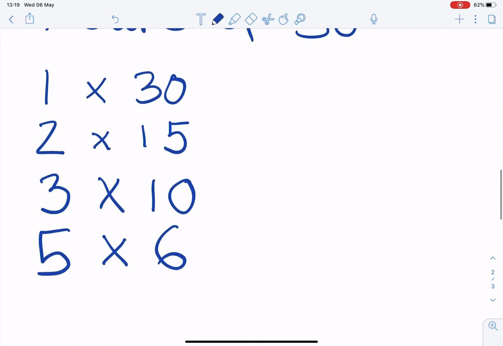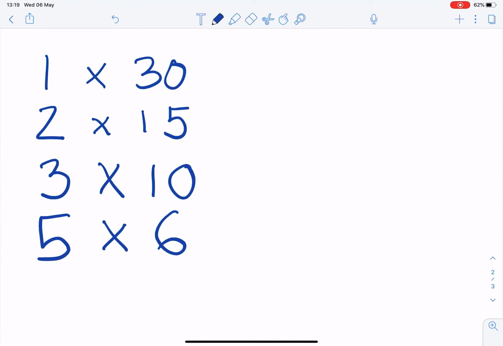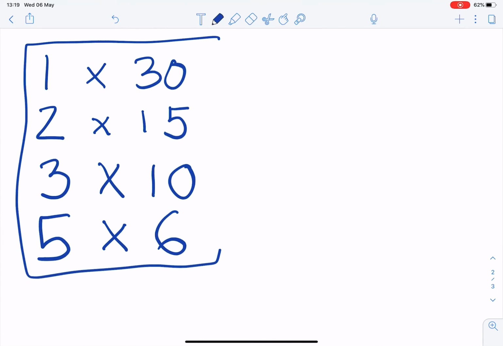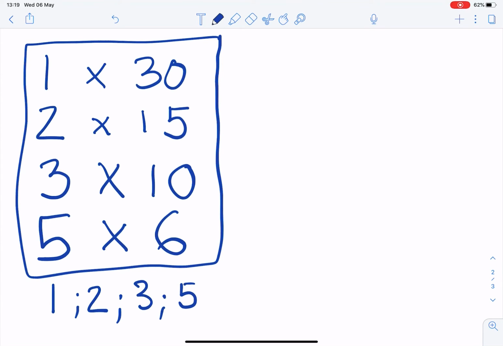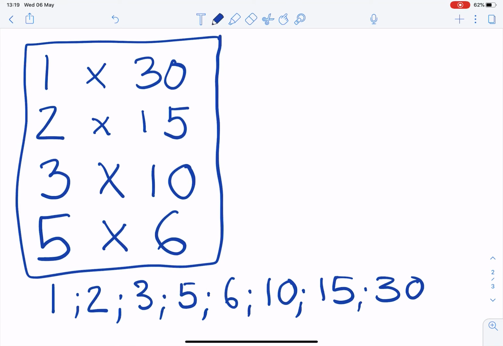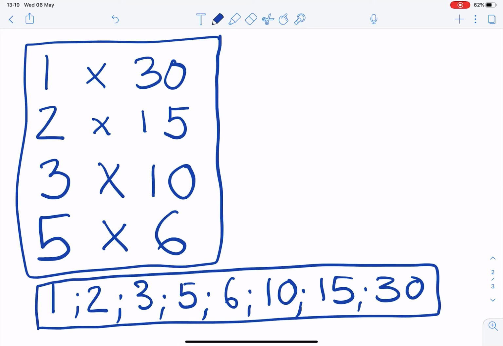Let's list our factors. These are our factor pairs, and if I make a list of factors, I start at the top. 1, 2, 3, 5, 6, 10, 15, and 30. Now I know that each of these numbers fits into 30 perfectly with no remainders.